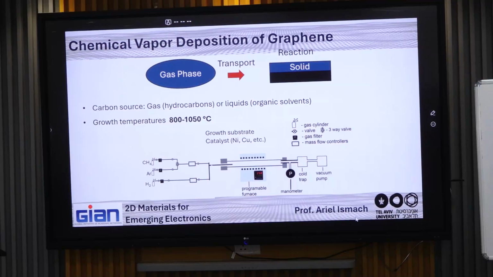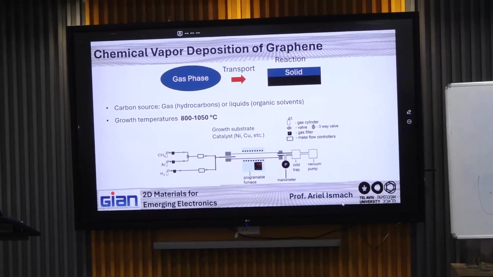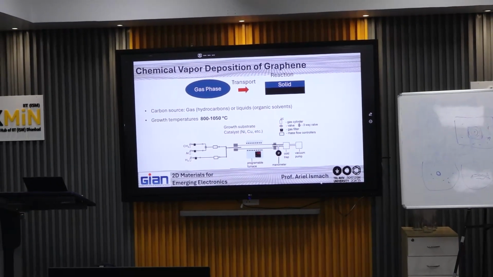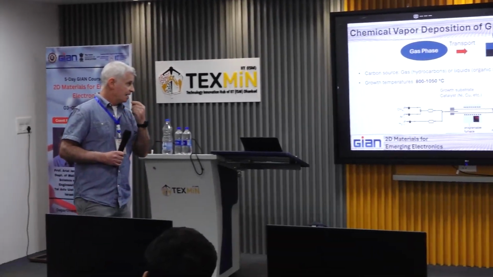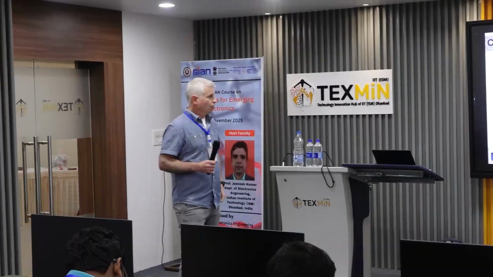Now, from the precursor perspective, graphene is maybe the easiest one in CVD because there are many volatile liquid organic solvents that can react as a precursor, and of course there are a lot of gases, hydrocarbons, that you can use to grow graphene. So, in the sense of precursor, graphene is maybe the easiest for us.